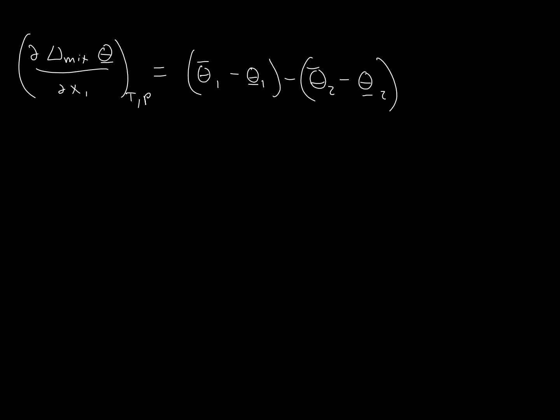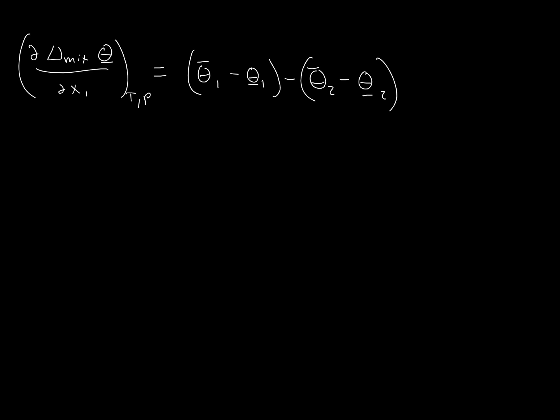So this looks super familiar to what we already started with. The only difference, though, is that in the delta mixing, it was the summation of x of i times theta over bar minus theta under bar. So we're just missing that xi.